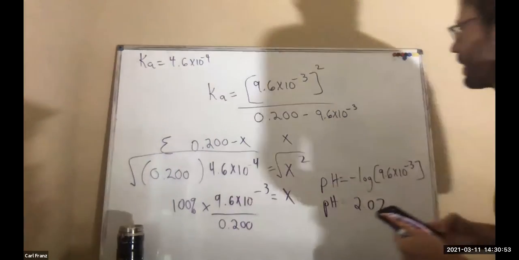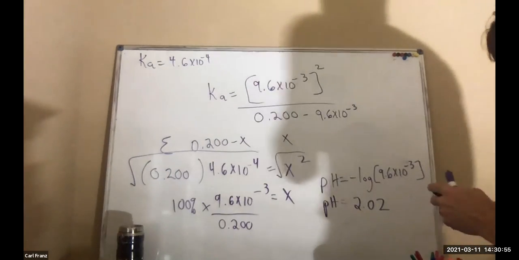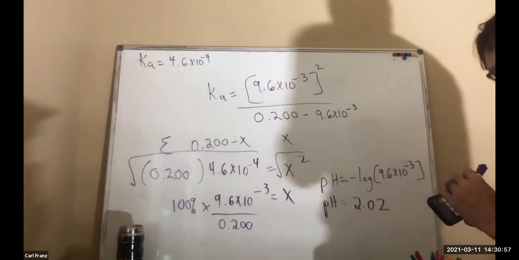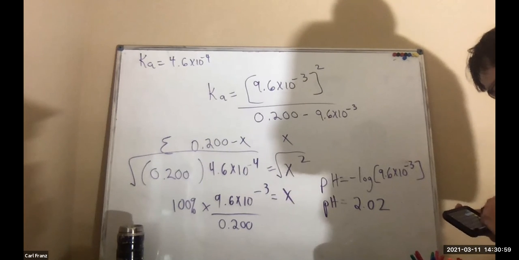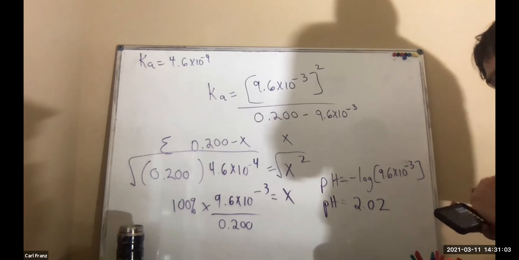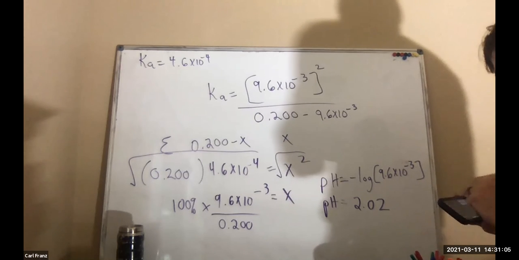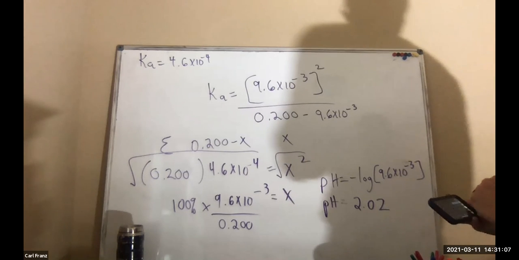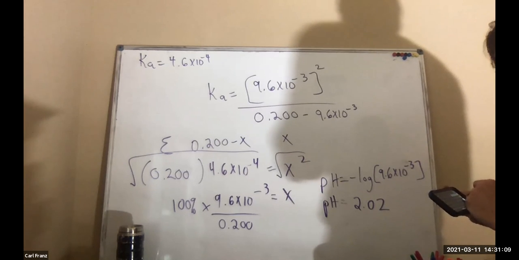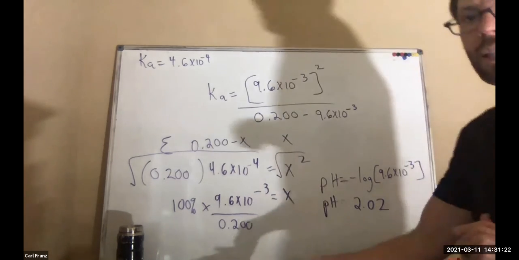What happens when we get that? Squared divided by 0.2 minus. I get 4.8 times 10 to the negative 4.